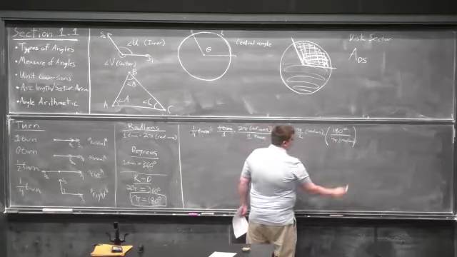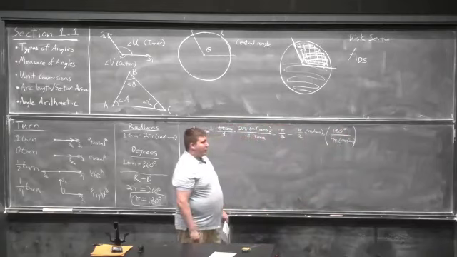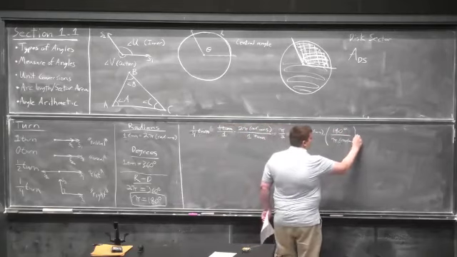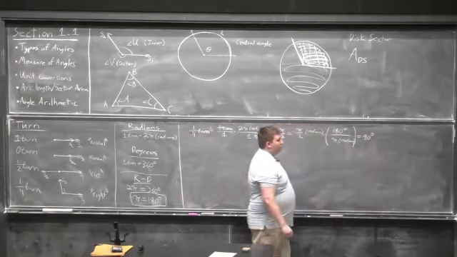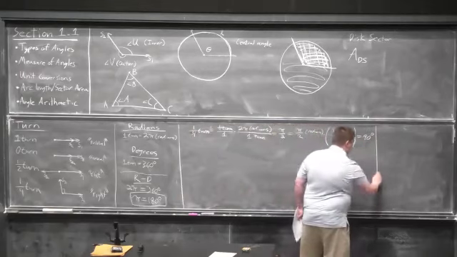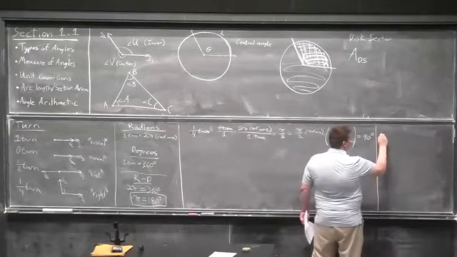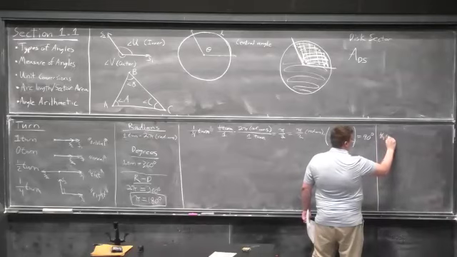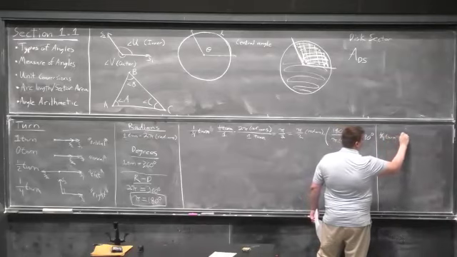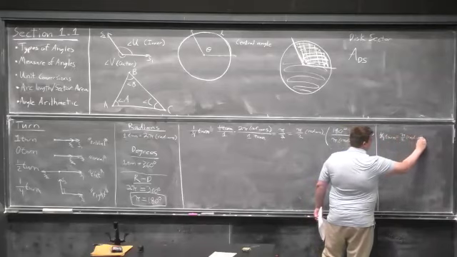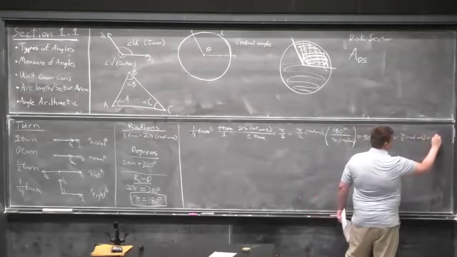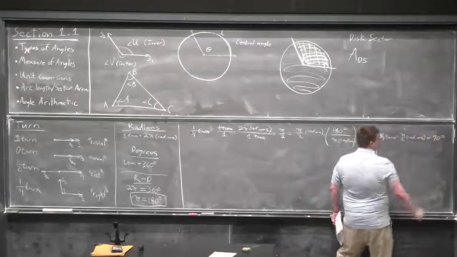Pi will cancel. And I'm left with 180 divided by 2, and I get 90 degrees. So what I found is a quarter turn is equal to pi over 2 radians, which is equal to 90 degrees.